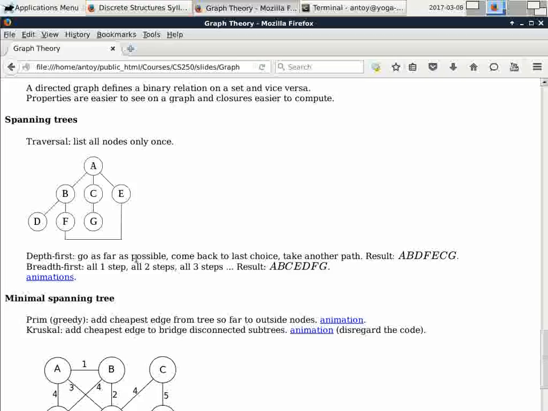And we saw two algorithms. One we call depth first, and the other one we call breadth first. Depth first means it goes down as much as you can in the graph. When you get stuck where you cannot go any further, you move back to the last choice you made and you try something else.